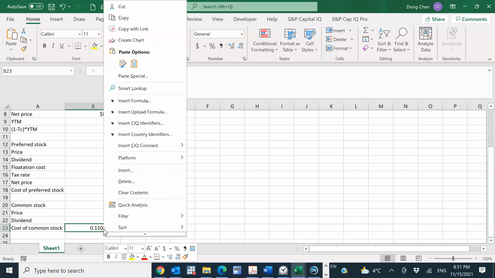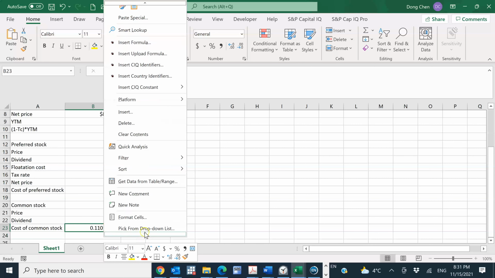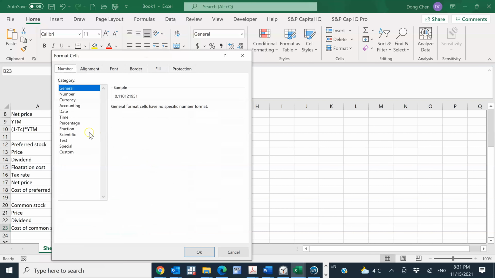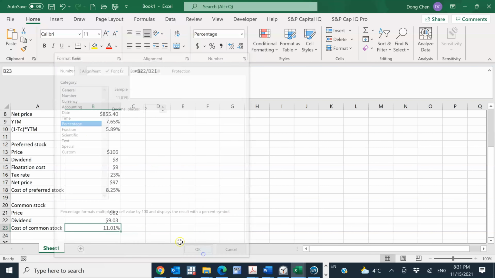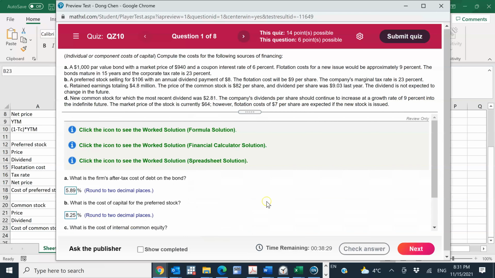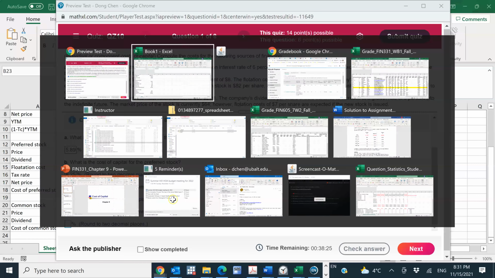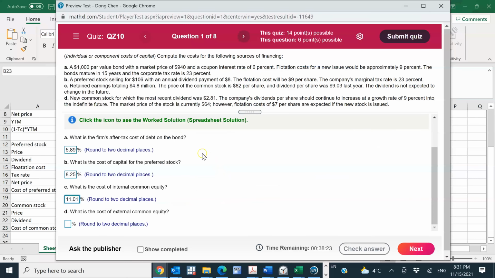So again, just format the cell in percentage format and round to 2 decimal places. So 11.01%.